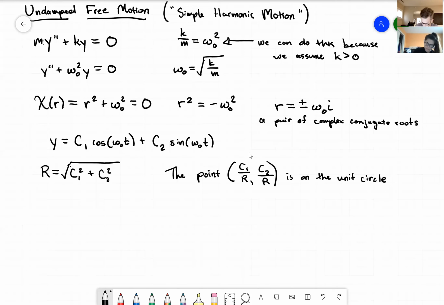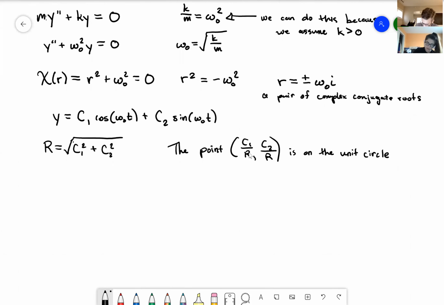So we can rewrite C1 over R, C2 over R as cosine and sine of some angle. Let's say we'll find this phi, which will be our parameter, somewhere between -pi over 2 and pi over 2. We're going to think of looking at the angle starting from 0, going equal amounts in either direction, positive or negative.